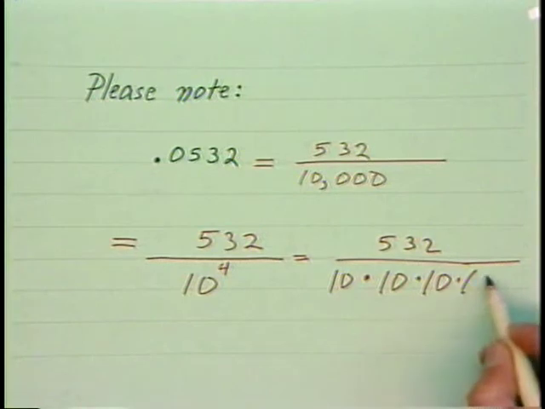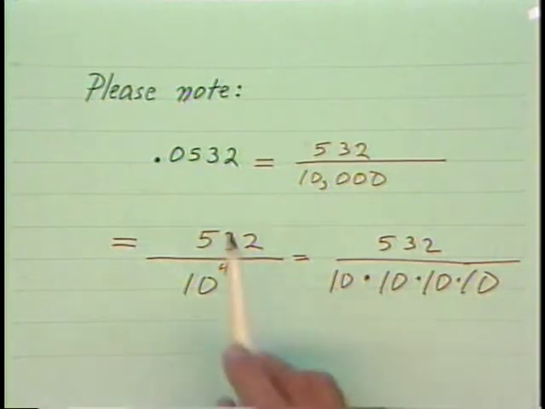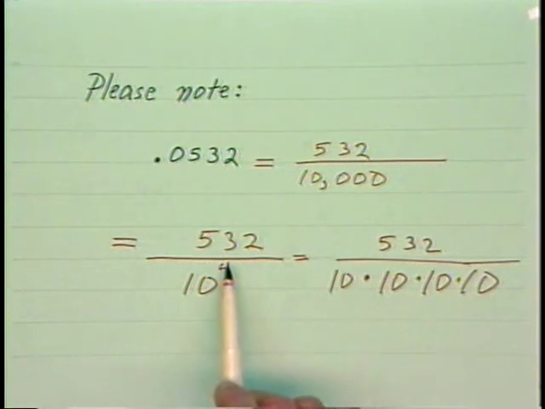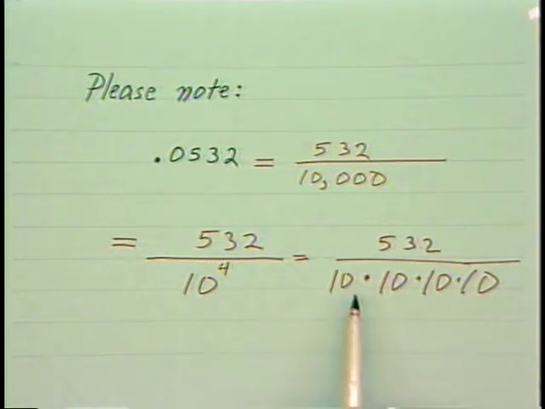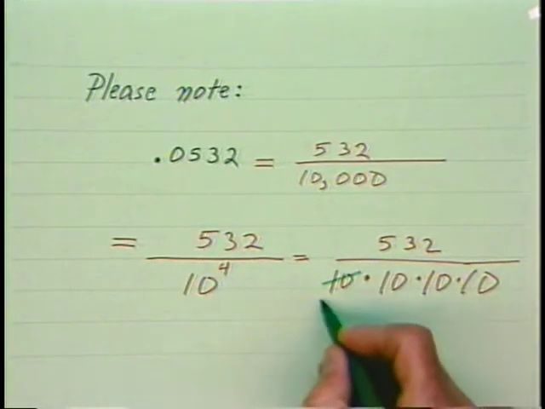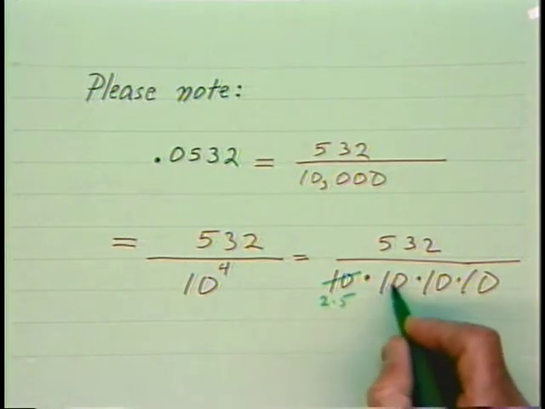And furthermore, and this is the important point, no matter what this decimal is, this denominator will always be a power of 10. In short, I will have nothing in the denominator but 10 times 10 times 10, either 1, 2, or many, many of them. But each 10, we can see very quickly, prime factors to 2 times 5.